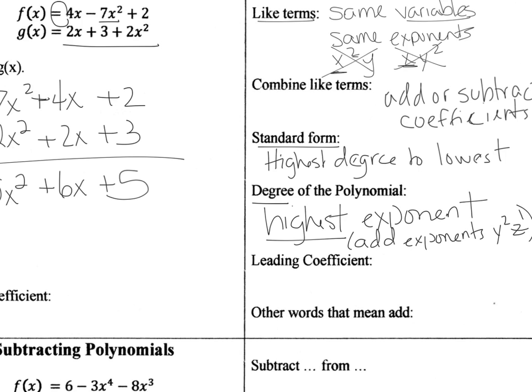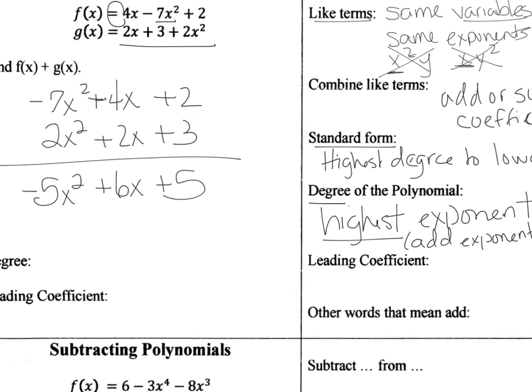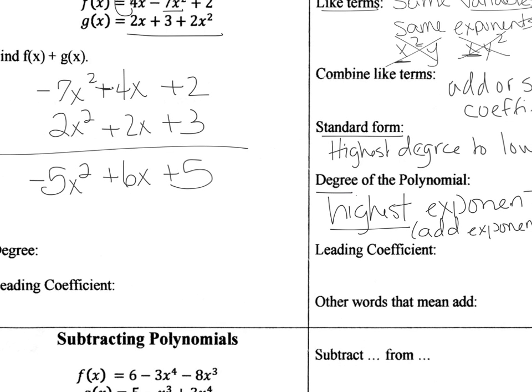Okay, leading coefficient. The leading coefficient is the coefficient or the number. Okay, coefficient just means number. That's on the term with the highest degree. So if you look over here, this is the highest degree because it was first. We put it in standard form.